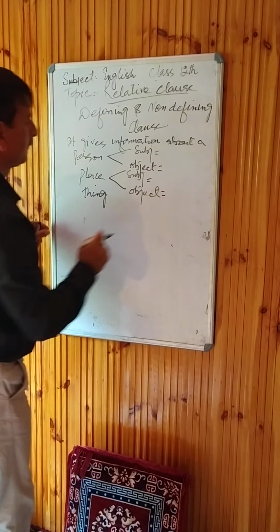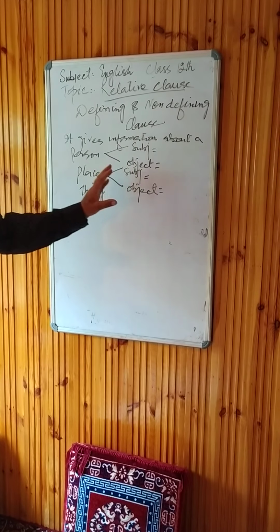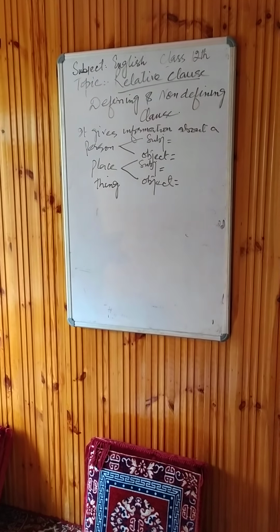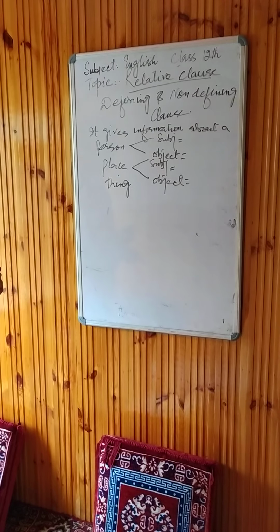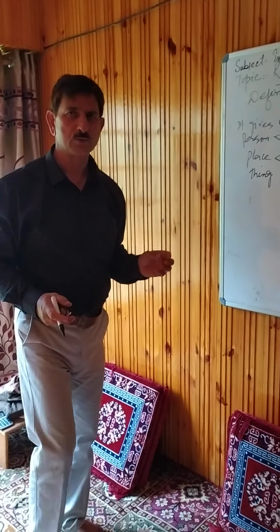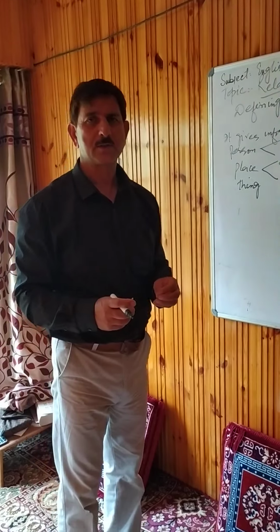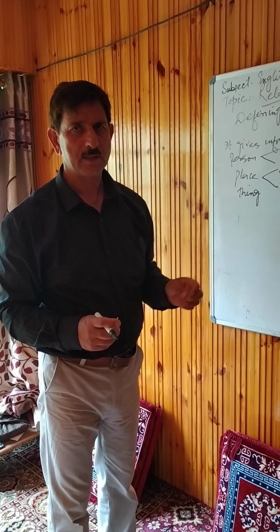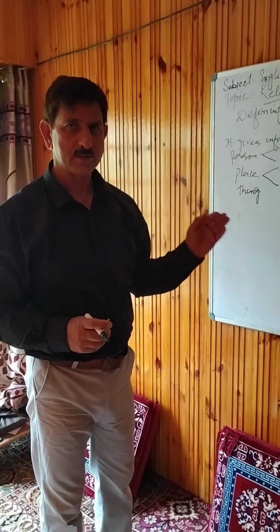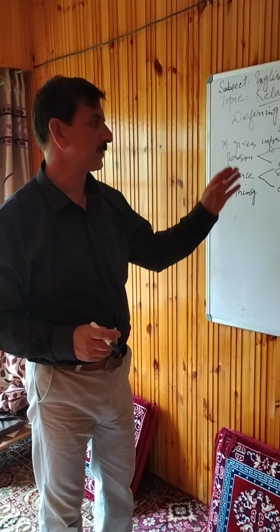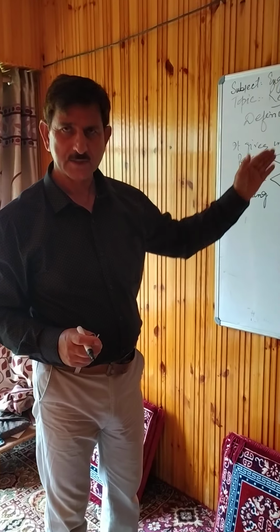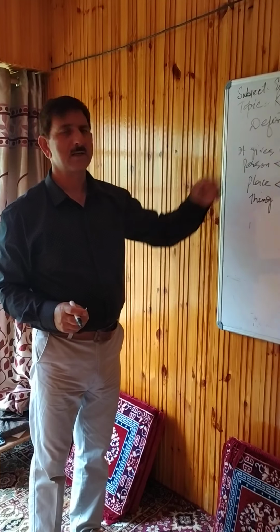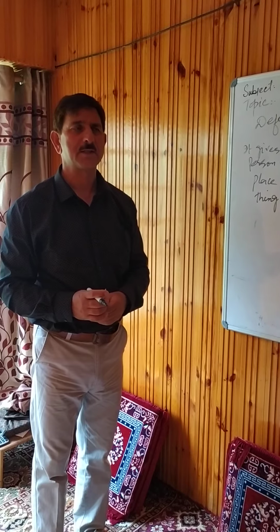Why have I drawn this chart over here? We have to remember these conjunctions, which are used in the sentence to connect different parts of the sentence. We have discussed it in earlier chapters on simple, compound and complex sentences. Here in this defining or non-defining clause, or relative clause, we also use some conjunctions.